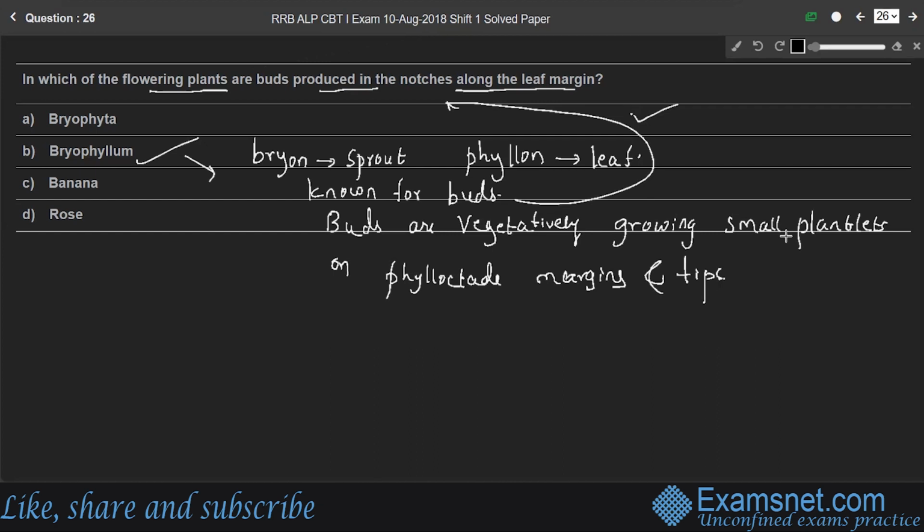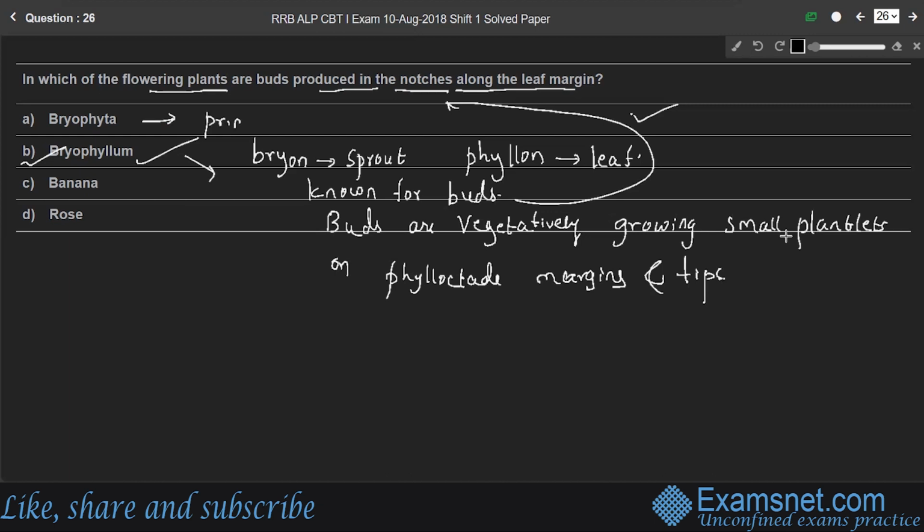So for the given question, option B is the right answer. So bryophyllum, for flowering plants, the buds are produced in the notches. Whereas the remaining options, bryophyta is a phylum of plant kingdom in which the most simple and primitive land plants are included, right?